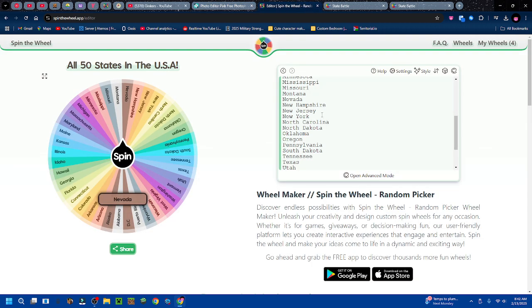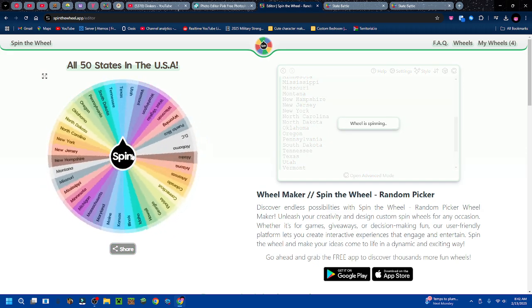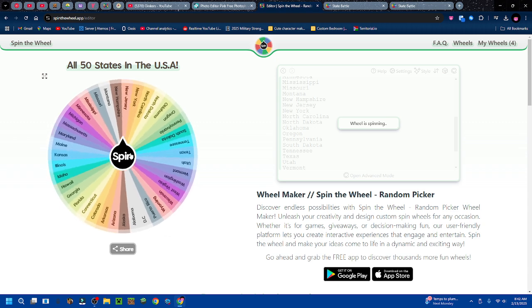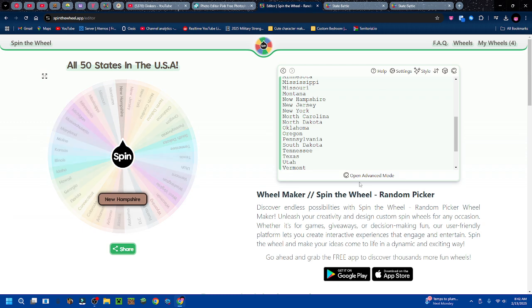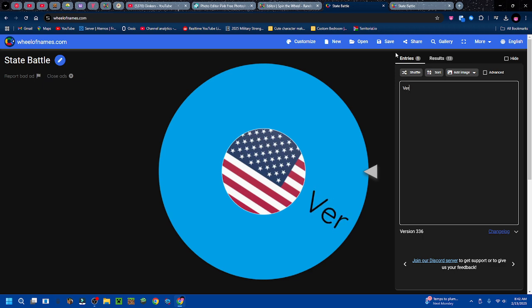And bam! Nevada is out. Next up is New Hampshire. So who does New Hampshire border? I know they border Vermont and Maine.